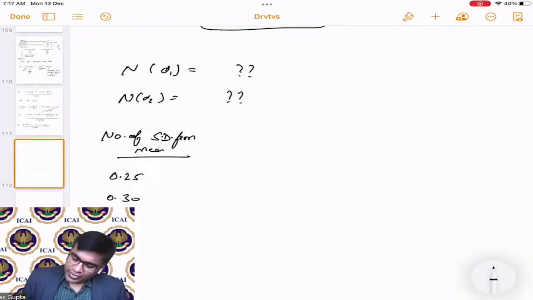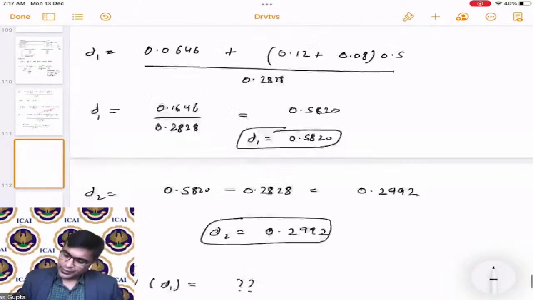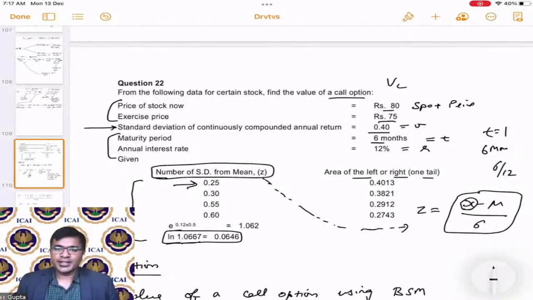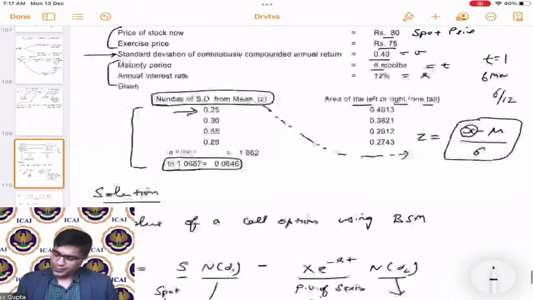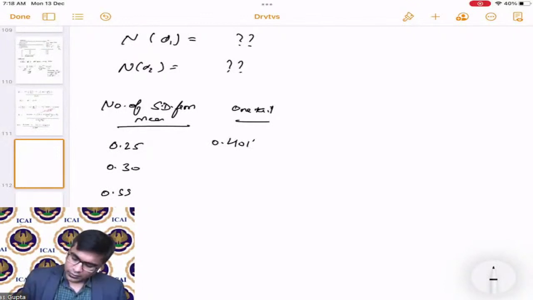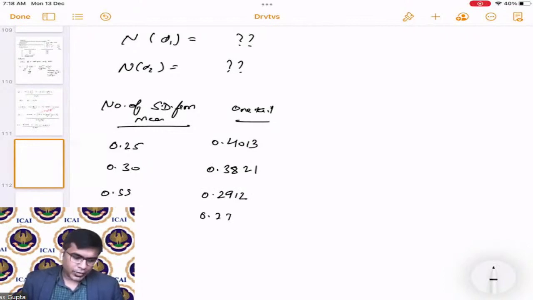Now, either left or right, which is one tail, is given as what values? If we see in the question, one tail is given as 0.4013, 0.3821, 0.2912, 0.2743, right? This is the one tail that is given.